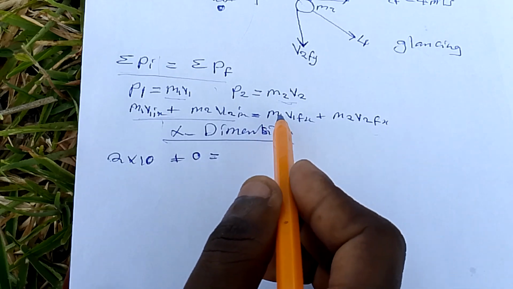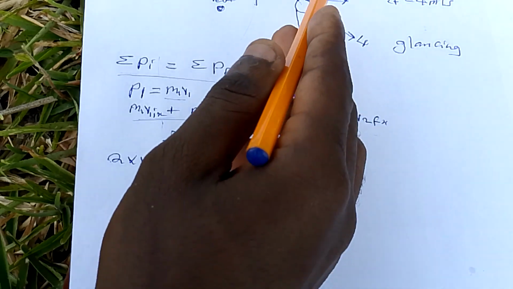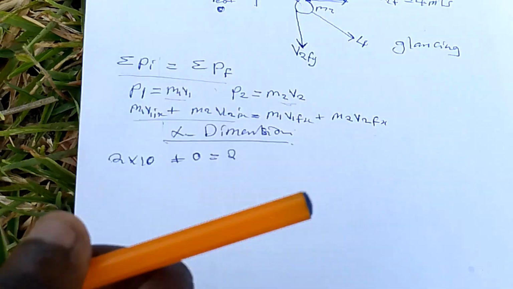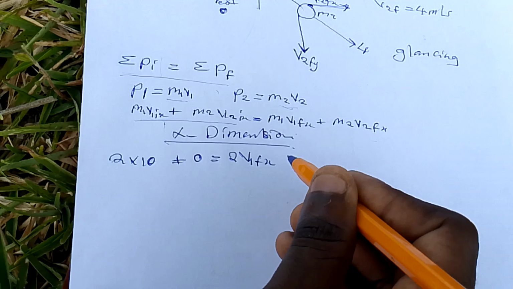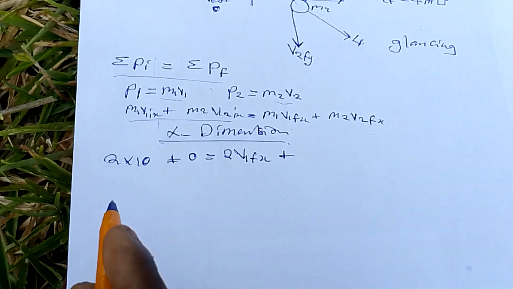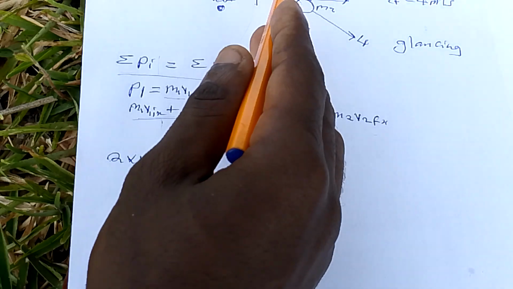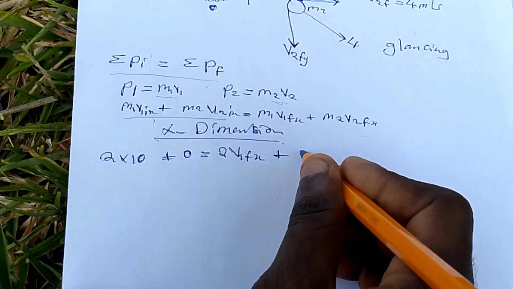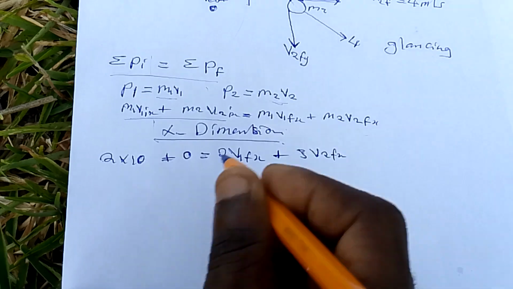This equals, after they collide, we have m1, which is 2, times v1 final x. We don't know what this v1 final x is, so we're going to say v1 final x, plus m2. M2 is 3 kg, so 3 times v2 final x.